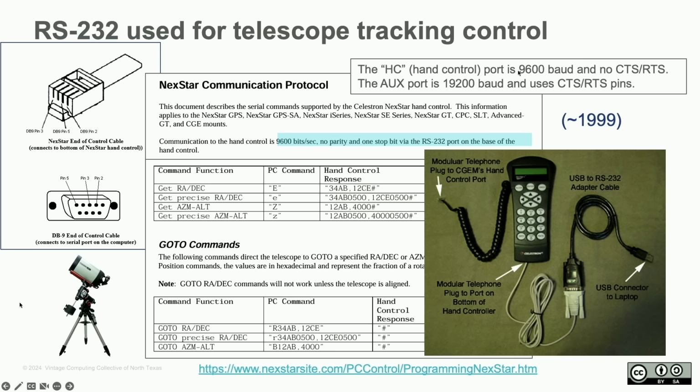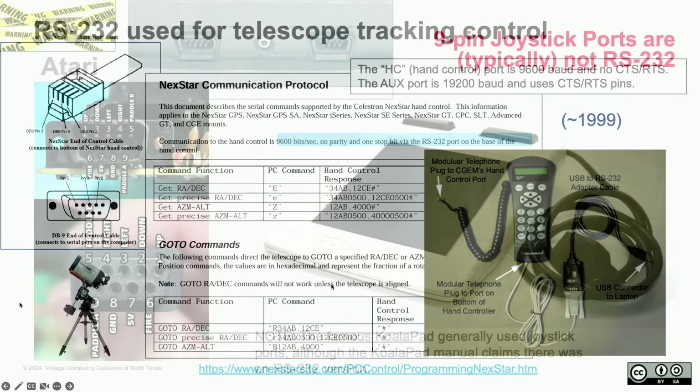So the regular hand control itself is 9600 baud. They still don't need any flow control on that, but the auxiliary port is faster, and they do need some flow control on that. All that was perfected, as far as consumers could buy, at the end of the 1990s. A lot more telescopes today are using USB, but that same language is supported for controlling the telescopes.